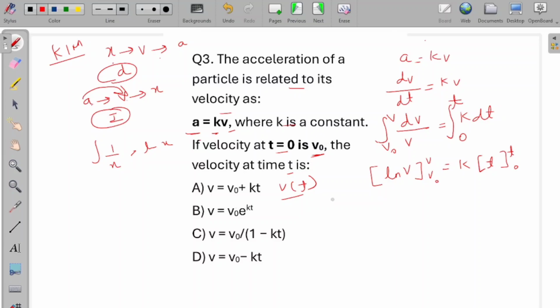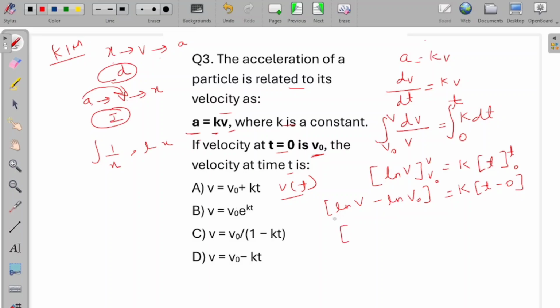Now on solving it further, we will get natural log v minus natural log v naught is equal to kt minus 0.